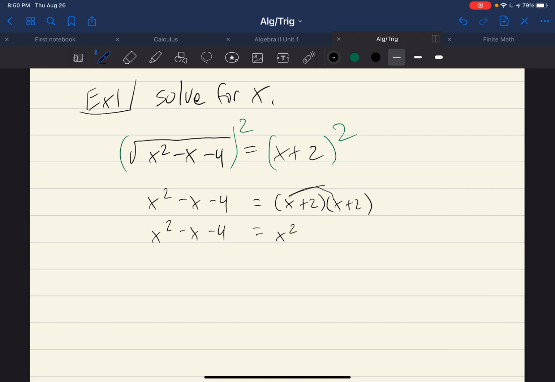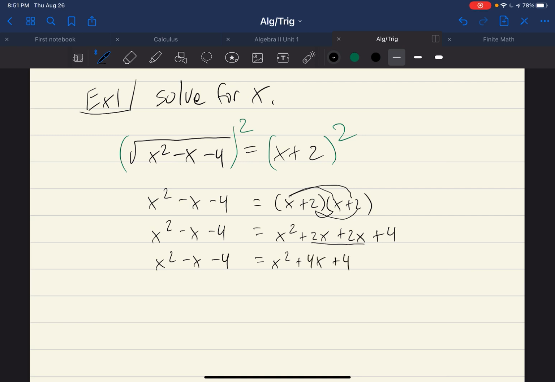X squared, then 2x, and another 2x, and 2 times 2 is 4. So these get added together, and we get x squared minus x minus 4 is equal to x squared plus 4x plus 4.